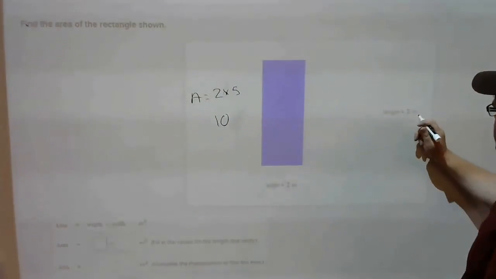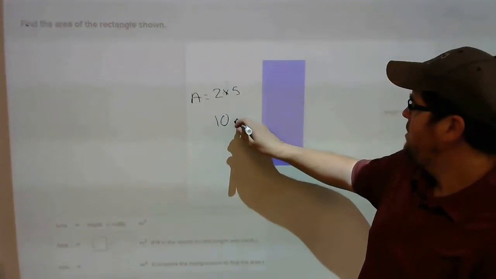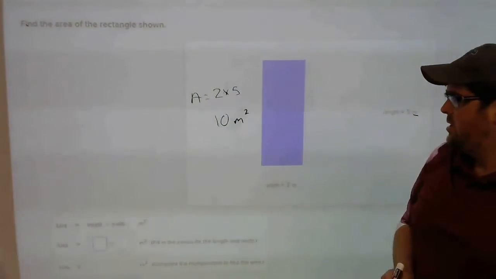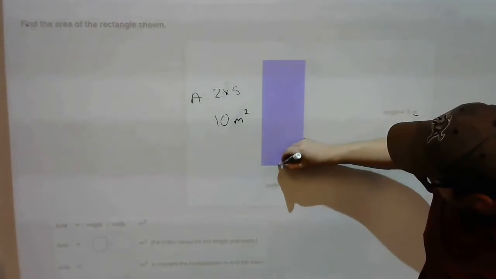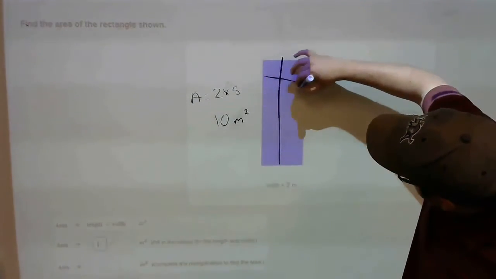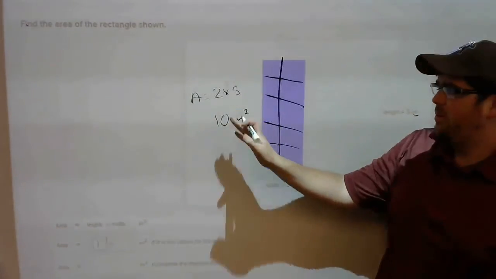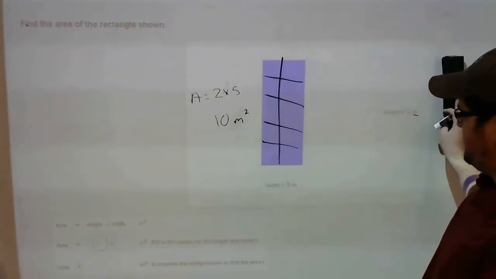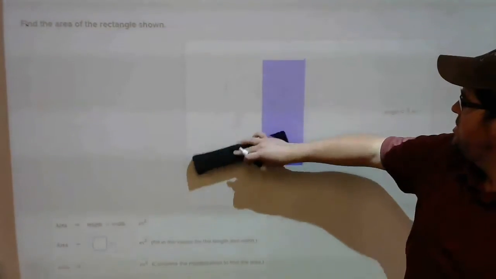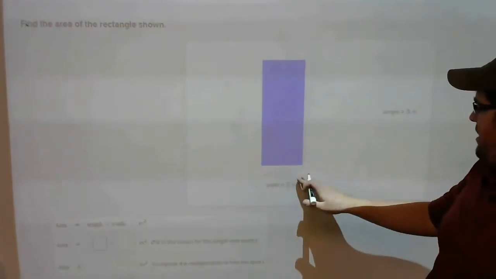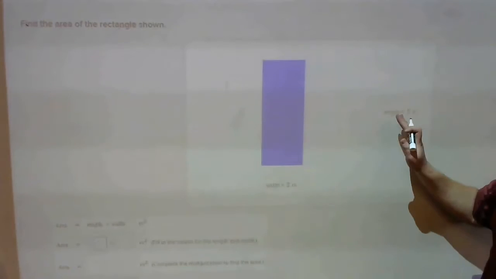Oh no, this one says it's meters. So 10 meters squared. And we could divide that up if we wanted to. There's my 2, and then 1, 2, 3, 4, 5. That's how we got the 10, but with the area, you're just multiplying the base times the height. So that's another type of problem that you'd see. Let's do one more.